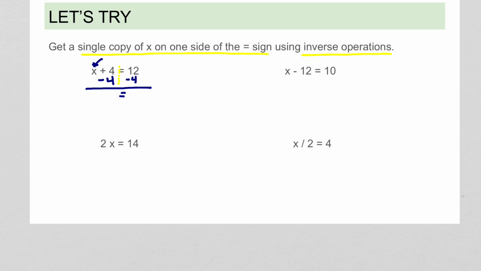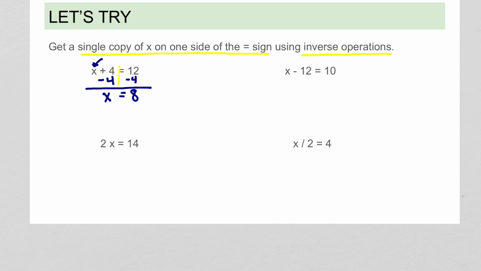We might think of it as canceling out, but remember that when you're adding and subtracting and canceling, you're really just adding up to 0, which is what we want, because now that's gone. That is added to 0. We don't have to write that anymore. The only thing left on the left side is a single copy of x. And on the right side, we've got 12 minus 4 is 8.